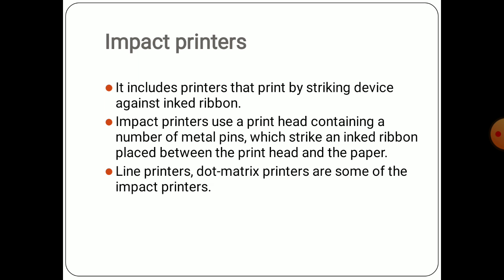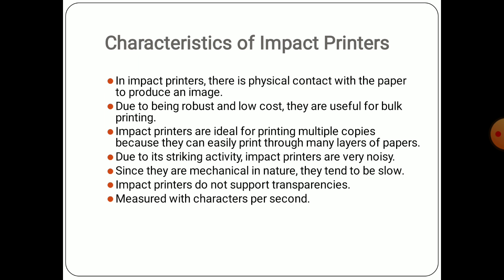Here in impact printers we can use only single-color printing. If you want black, you can use black color. If you want blue, you can use blue. Whichever color you want, you have to use that color ink ribbon. Multicolor is not possible.